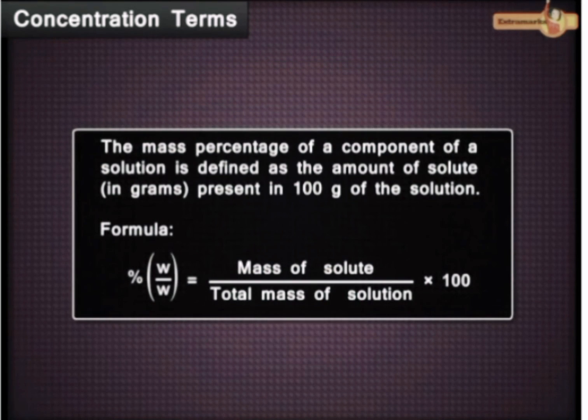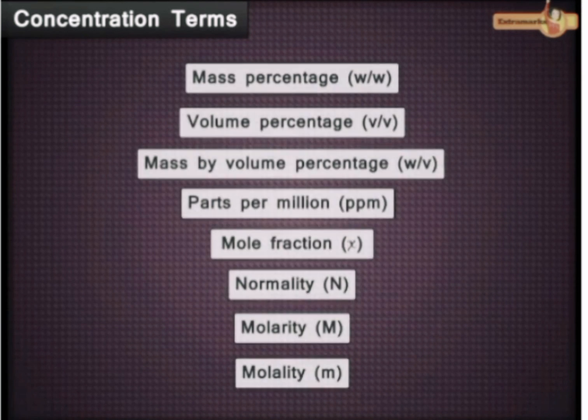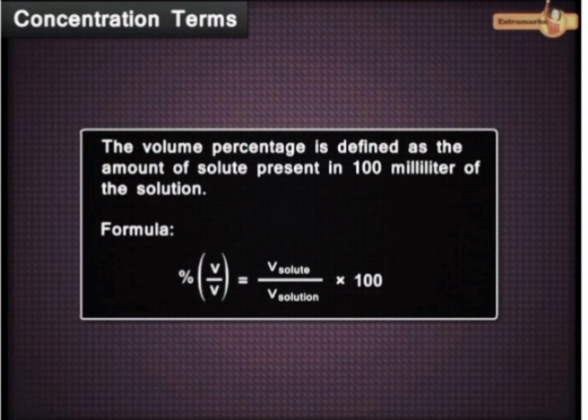The mass percentage of a component of a solution is defined as the amount of solute present in 100 grams of the solution. The volume percentage is defined as the amount of solute present in 100 milliliters of the solution.